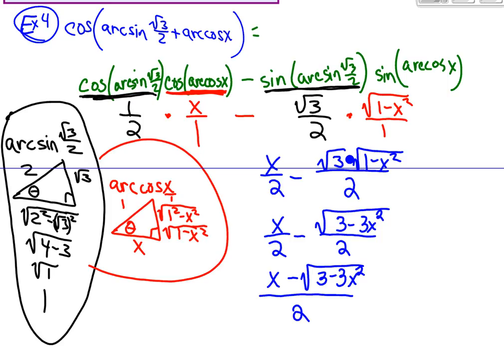Now, I want to just kind of say what I'm doing here. What I'm doing is first and foremost, I put this in the cosine sum formula. So I got that. And then I looked at each of these situations because they are arc sines. So I kind of had to set up a little picture to find my right triangle that I could use SOHCAHTOA with.